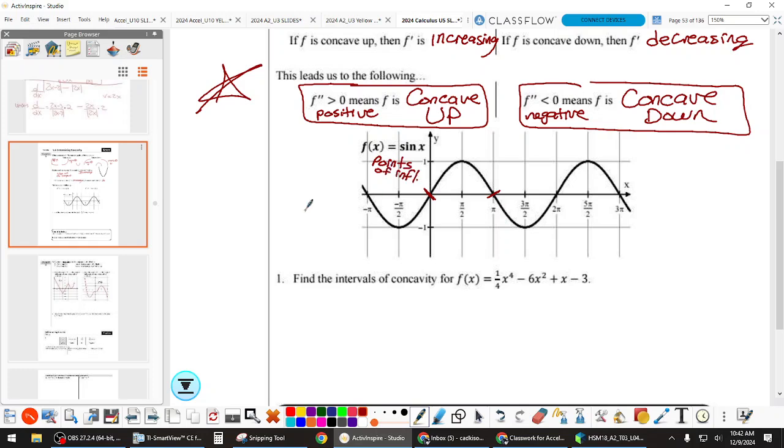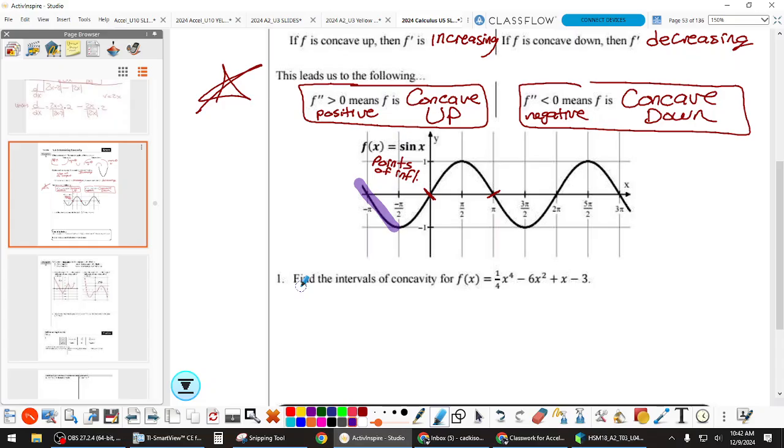Tell me about just thinking about the derivative. So if I took the first derivative on this interval here, first derivative would be what? Negative. Oops, no, wait. First derivative would be negative. What would be the second derivative of that on that interval?